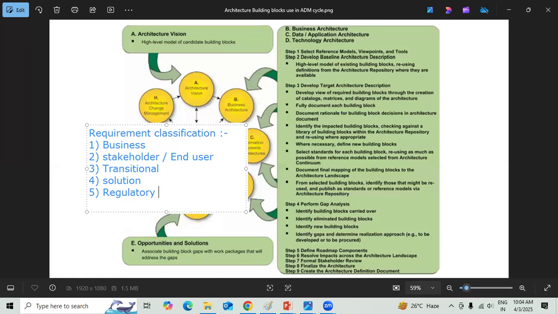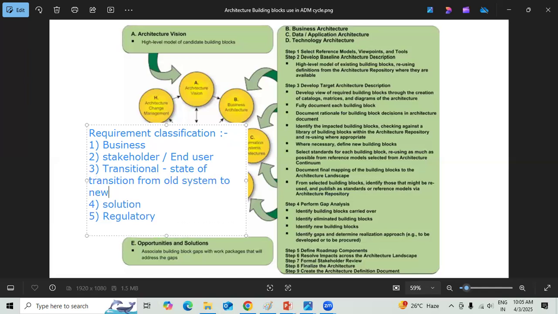The third one is about transitional requirements. Transitional requirements means the state of transition from the old system to the new system. This is where we try to understand the state of transition: old system to new system, or a targeted system, whatever you can call it.